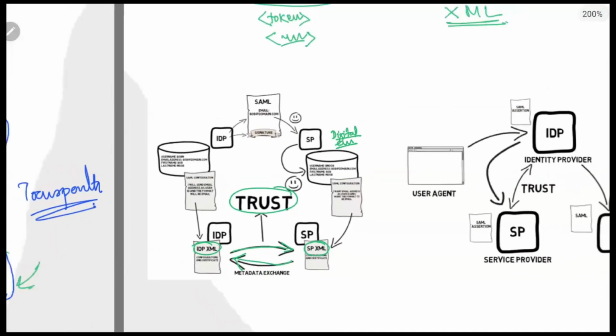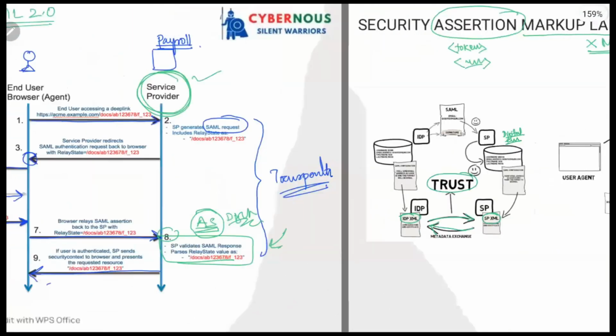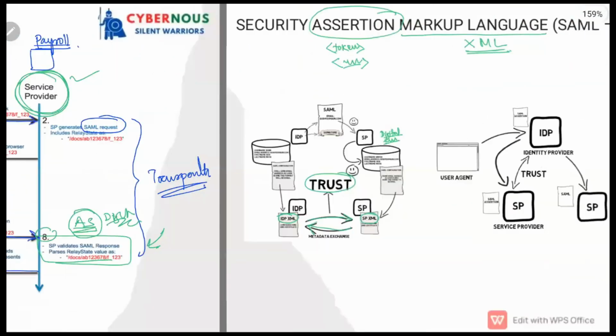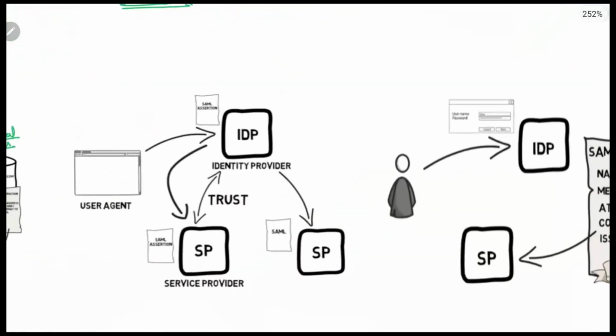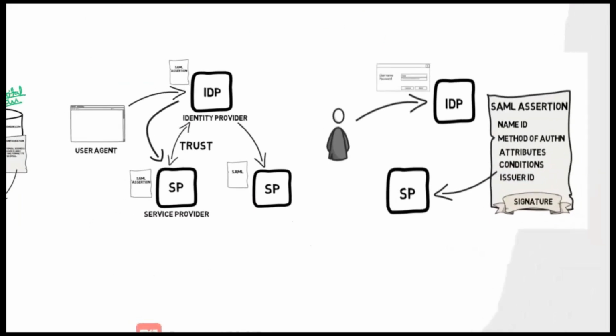Then once a particular user accesses it, a user can access a particular service provider in two ways. First, the user is already authenticated with the IDP, identity provider, and then the identity provider sends the request to the service provider. This is called IDP initiated.